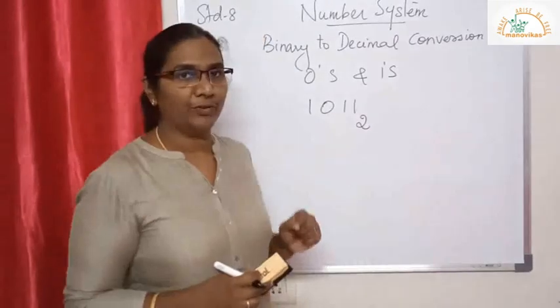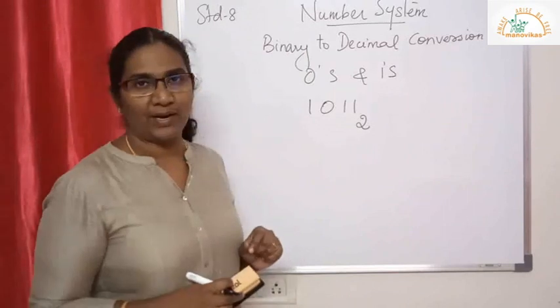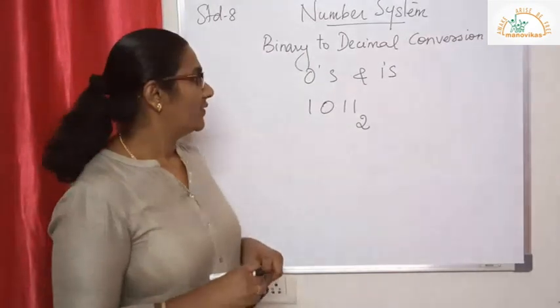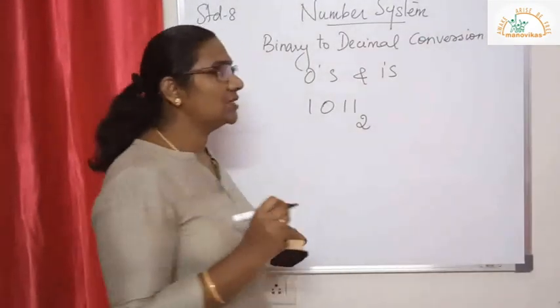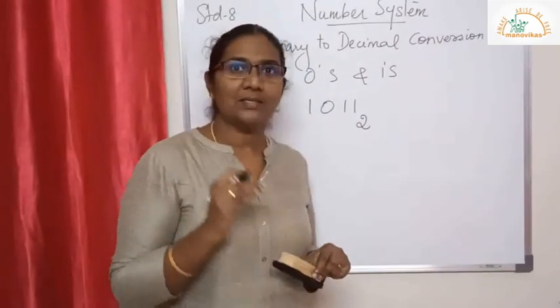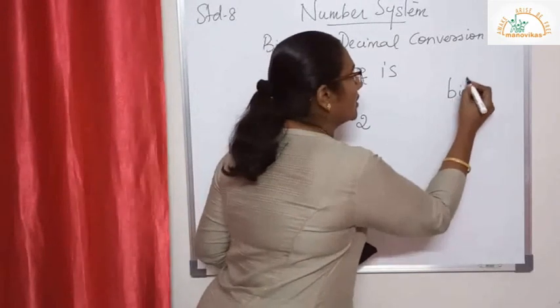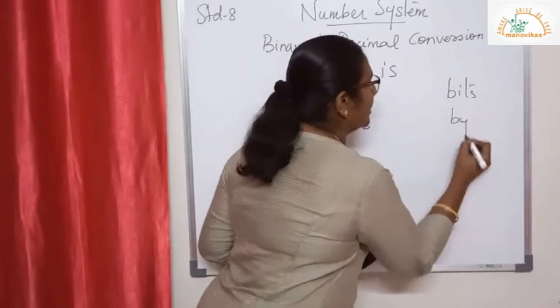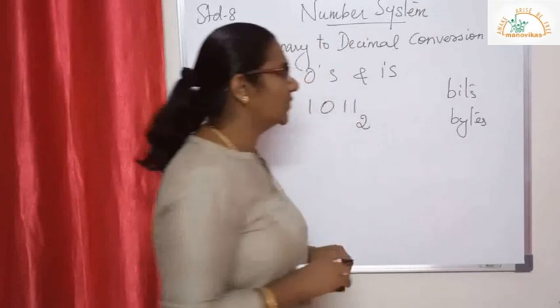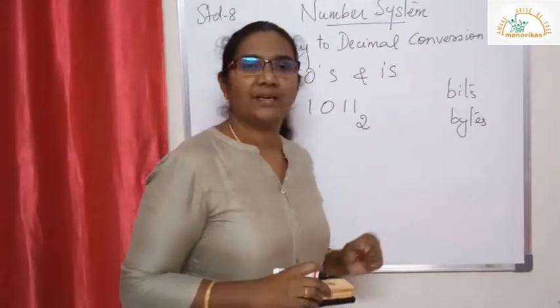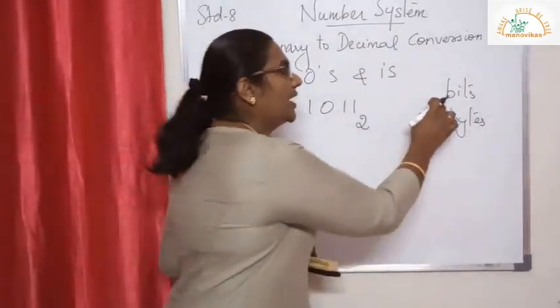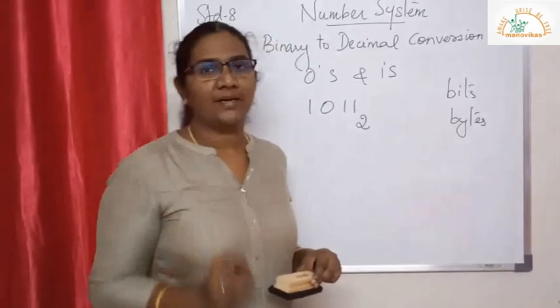Before I move into that, a general instruction I would like to share with you. In computers, in your lower classes, you might have heard about bits and bytes. Bit means a single binary digit.